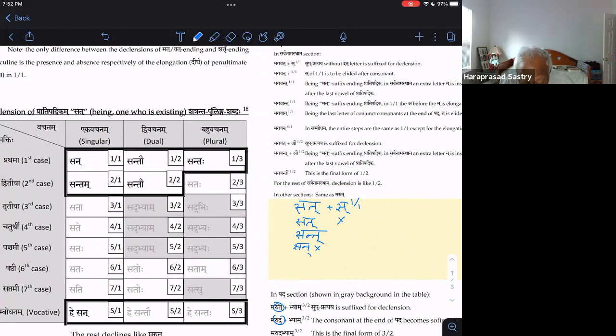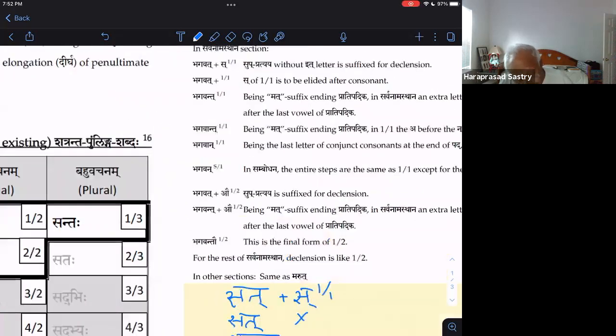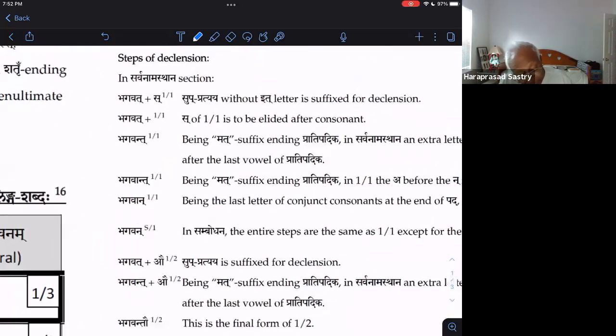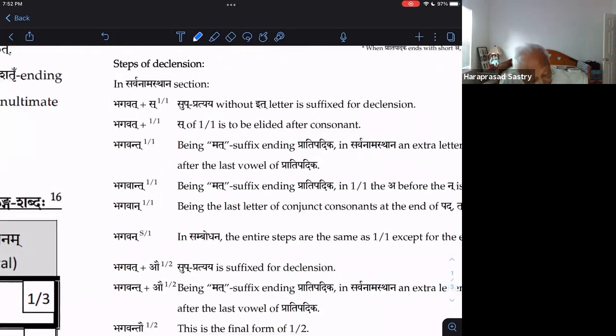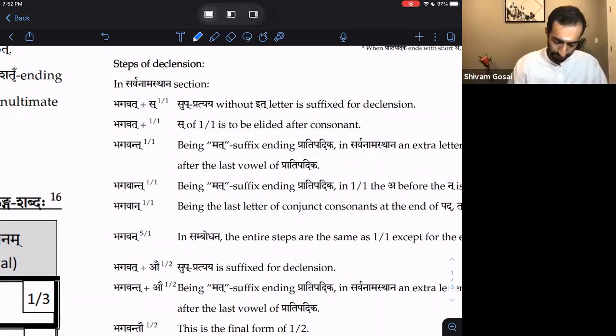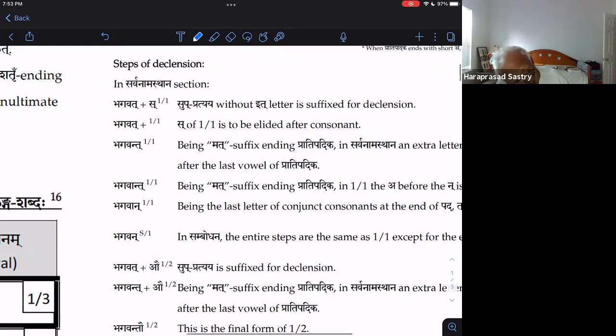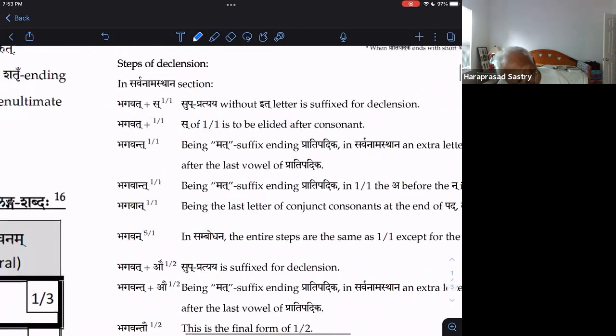Now, where does it say that the sup pratyaya just says su with a Chandra Bindu?